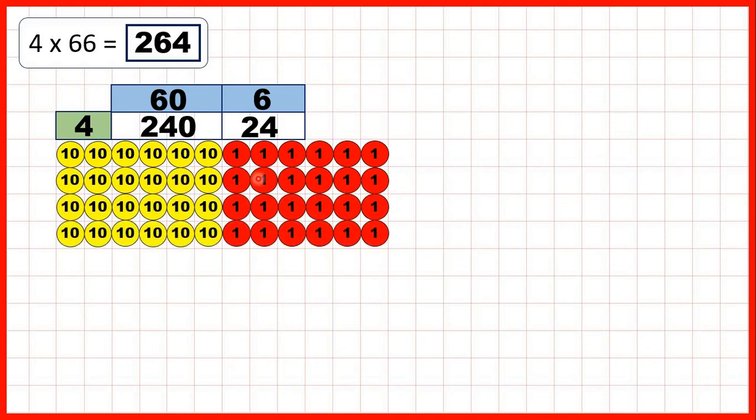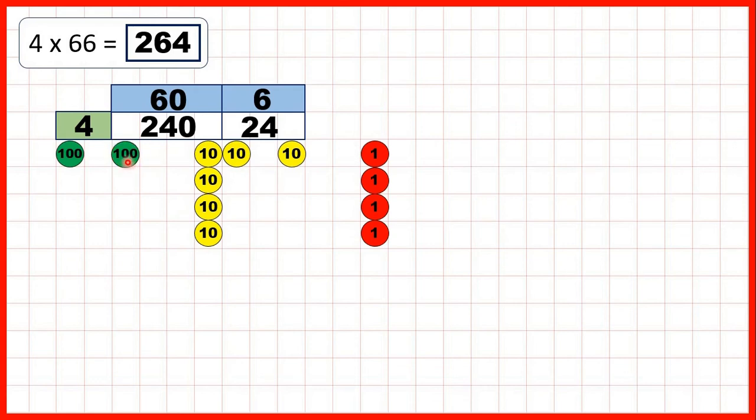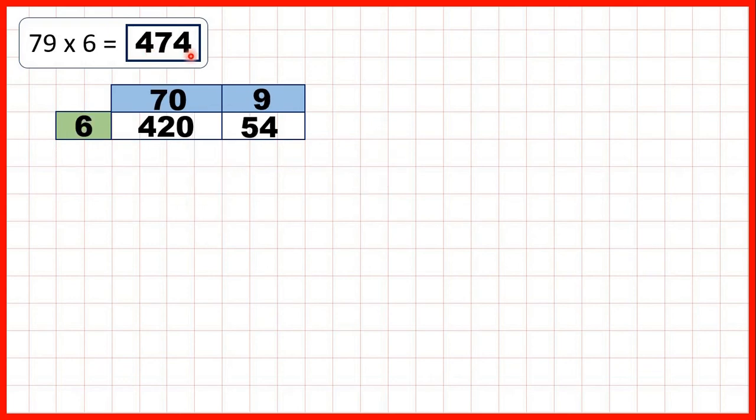So now we have 24 ones, but we can regroup those into 2 10s and 4 1s. And we can regroup our 10s as well, because 10 10s can be exchanged for 100. So now you can see that we have 2 hundreds, 6 10s and 4 1s, so that's 264.